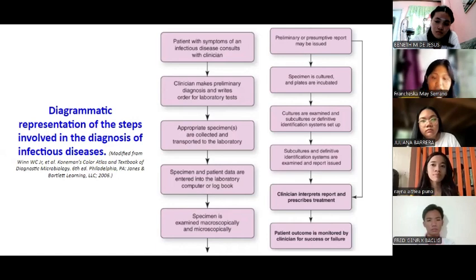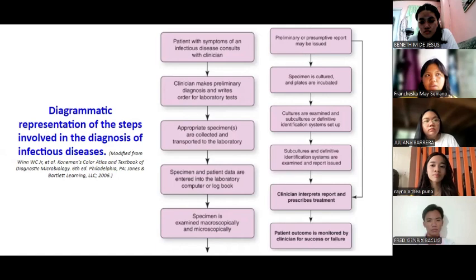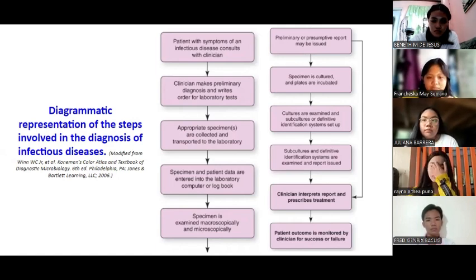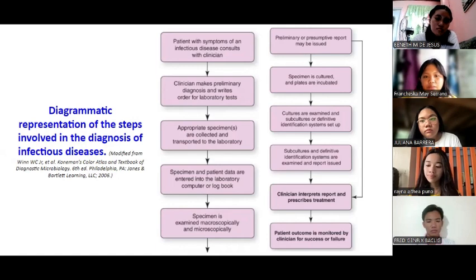Specimen and data are then logged in a computer or a logbook kasi kailangan ma-identify kung kaninong galing ang specimen na to, for what procedure, and most important is ang viability niya, kung kailan lang siya pwede and hanggang kailan lang. And then next is specimen is examined macroscopically and microscopically. After that, gagawa na ng presumptive report.